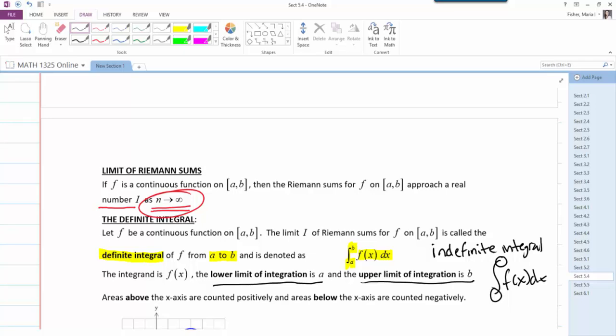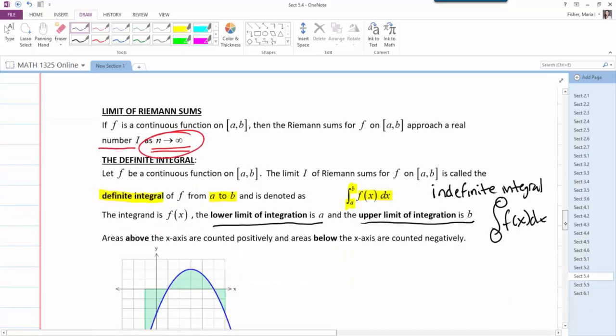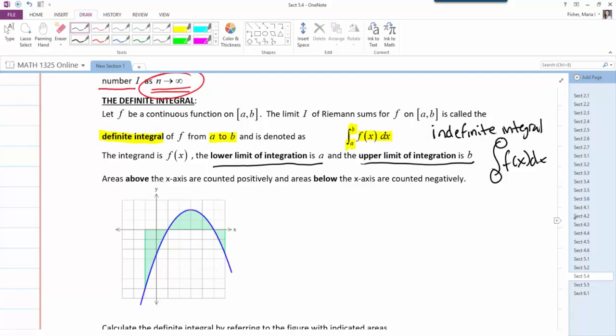A couple more things before we look at examples. Now, recall when we were finding area, we said that this was our width and then our height was going to be our length for our rectangles.